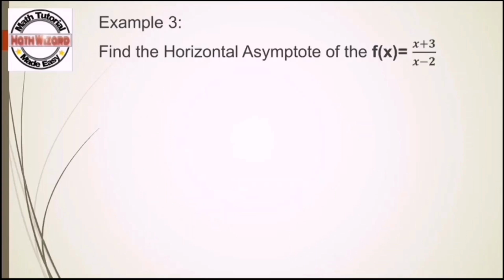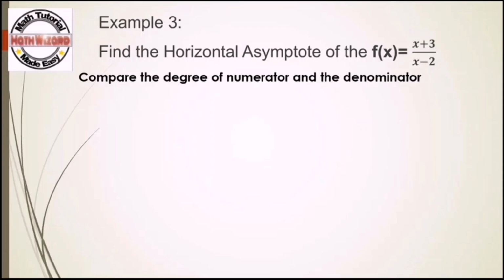if we are going to find the horizontal asymptote of this function, x plus 3 all over x minus 2, again, we follow the procedure. Compare the degree of the numerator and the denominator.